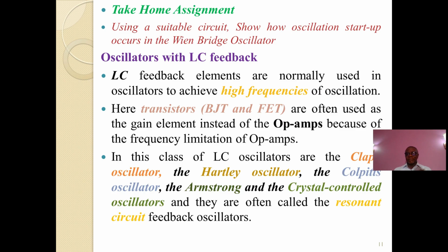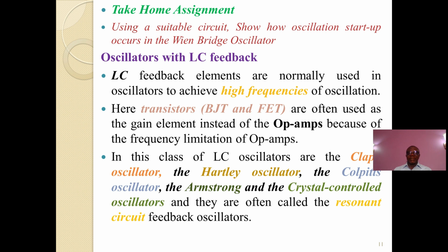We have mentioned in our previous lectures that in the RC feedback oscillators, we have the Wien bridge, the twin-T, and some other ones, but the main one that's very good for illustration is the Wien bridge. Some people also use the phase shift to do that. But let's quickly look at oscillators with LC feedback loop.